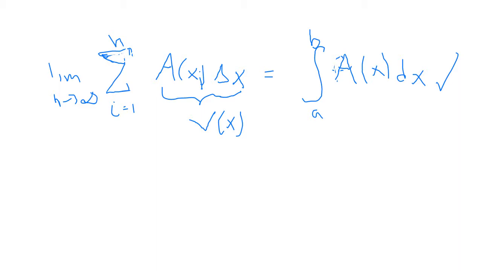Remember what you're doing here: you're adding up a bunch of volumes, and as you take the limit as n goes to infinity, meaning you take more and more values of x, you're going to get an integral.